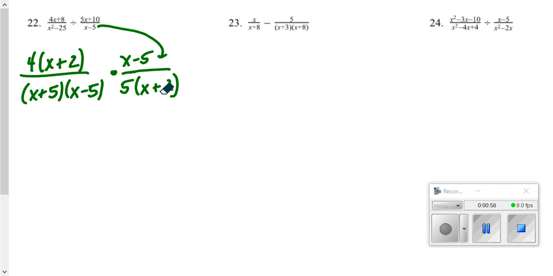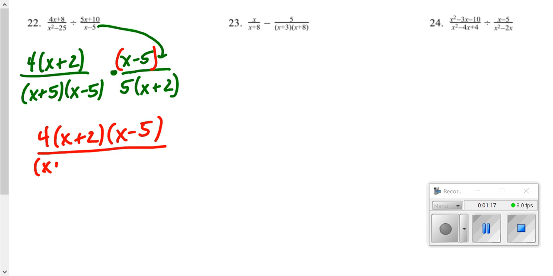So division is the same as multiplying by the reciprocal. So that is what I did. I multiplied by the reciprocal. Then I'm going to look for things that are common factors top to bottom, because everything here is multiplied. So I could think of it like one jumbo fraction. All of that smushed together. All of this smushed up together.